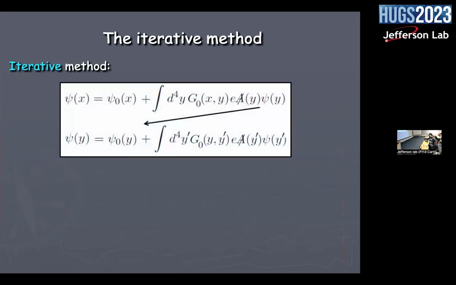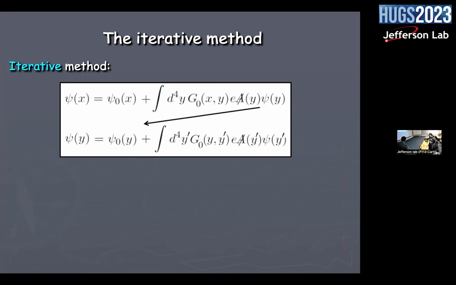If you can't solve it because you don't know what this is, one of the ways to look at it is, okay, here I can insert what was there originally. I can use psi of y with the same expression, evaluated at y, with a new dummy variable, I'll call it y prime.